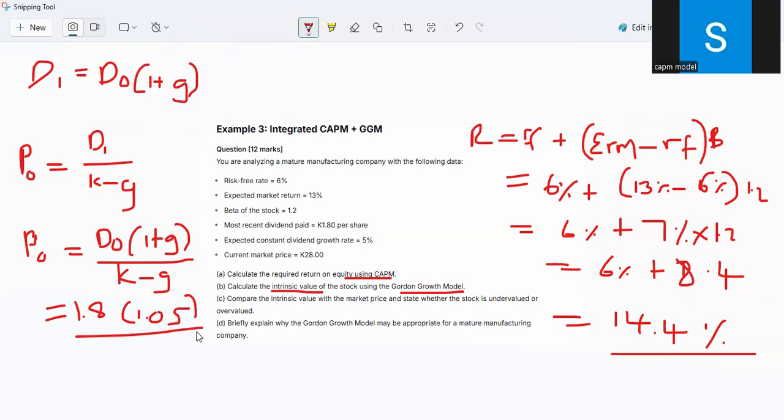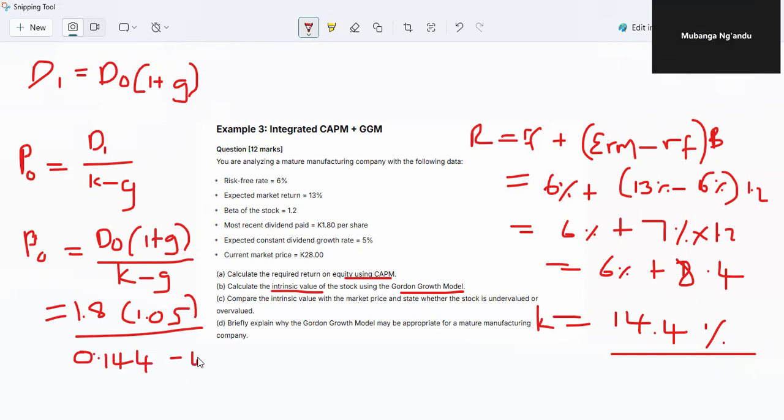Over what is our K? Is it 13%? The K is here, we calculated it: 14.4, so 0.144 minus our g.